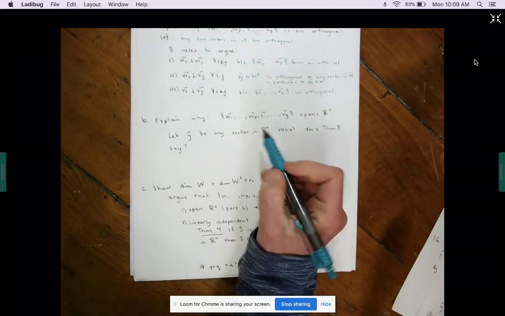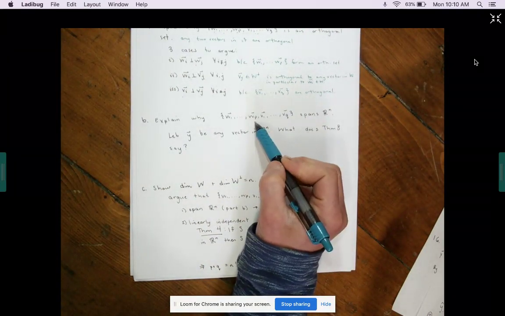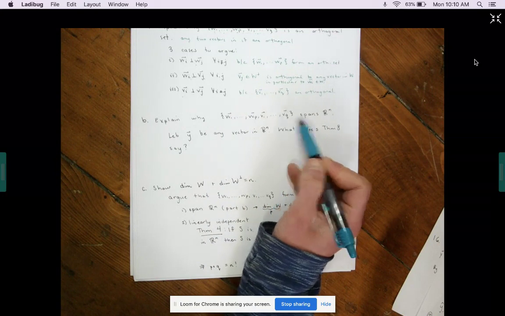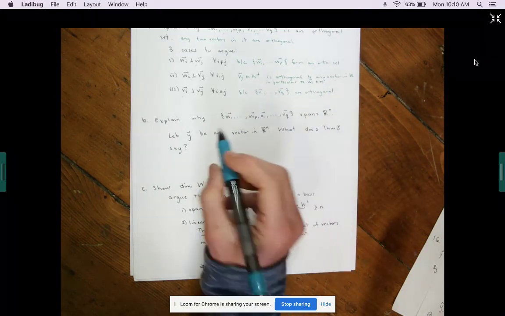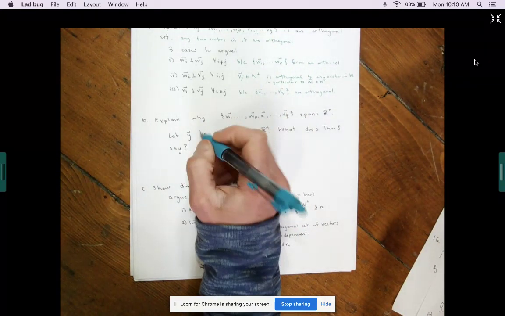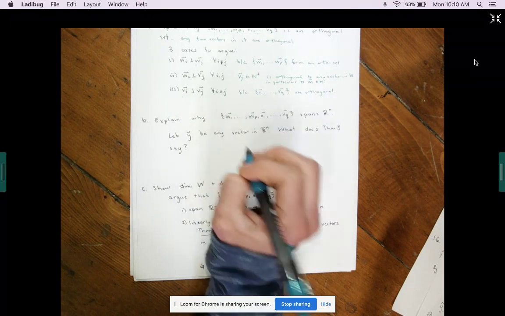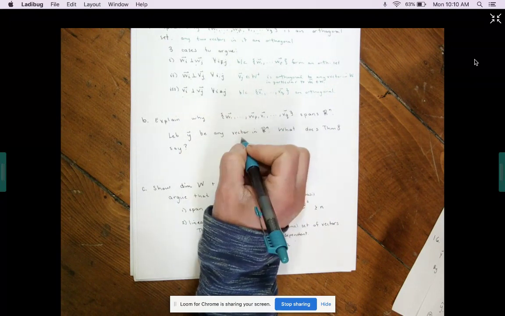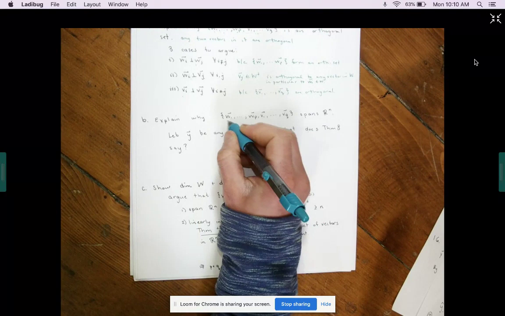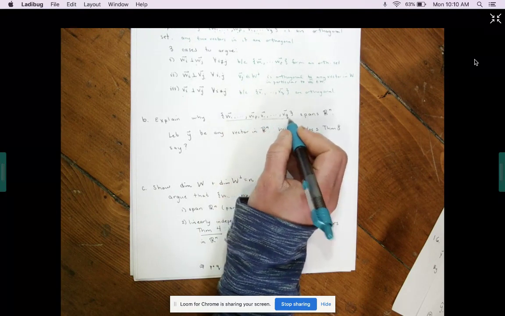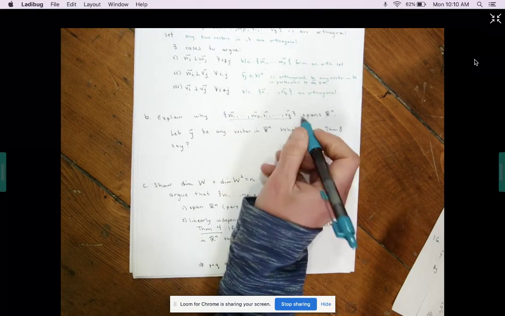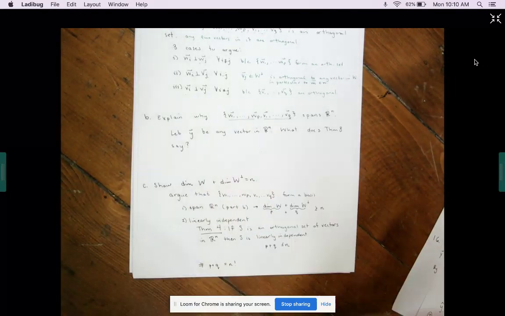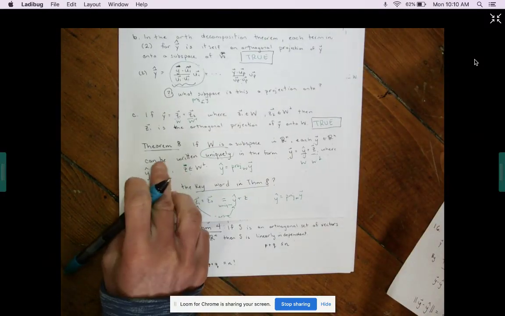Now we want to argue why w1 through wp combined with v1 through vq spans R^n. So the way that we do this is we pick any vector in R^n, and we want to show that we can get it as a linear combination of the w's and the v's. So let's look again at Theorem 8.